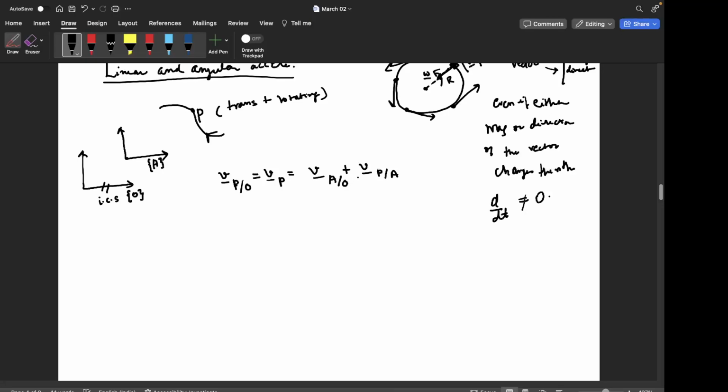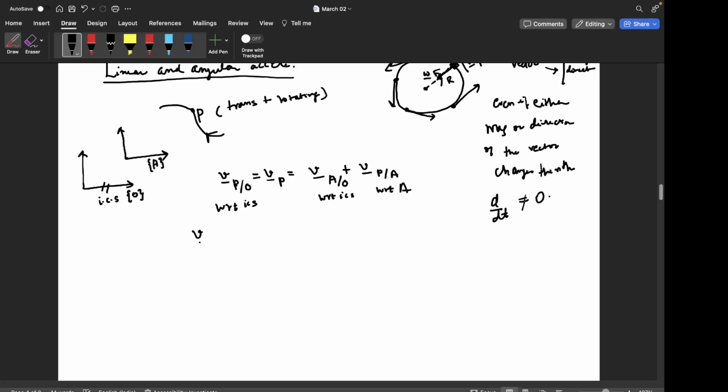The velocity of point P with respect to the inertial, which is a fixed frame, is equal to the velocity of point P with respect to the A frame plus the velocity of the A frame itself with respect to the inertial. Basic concept of relative velocity.